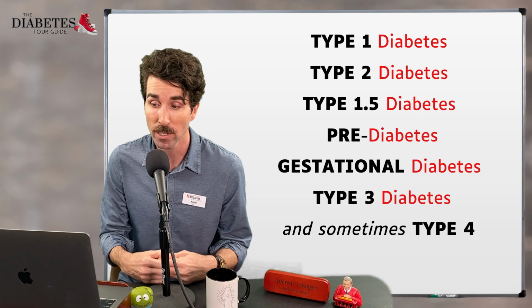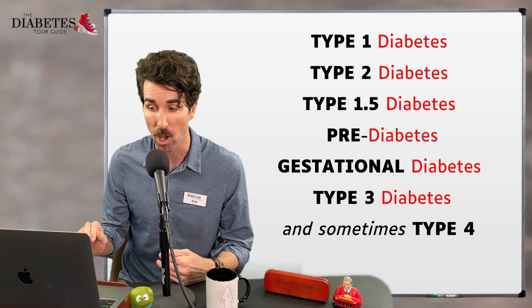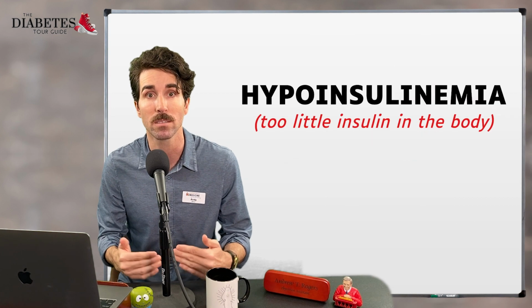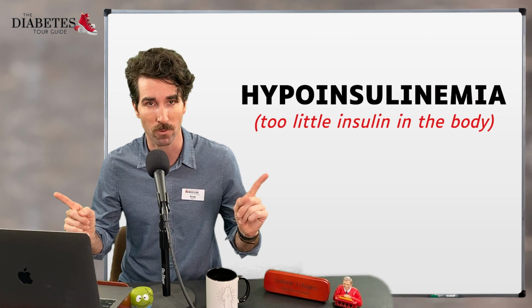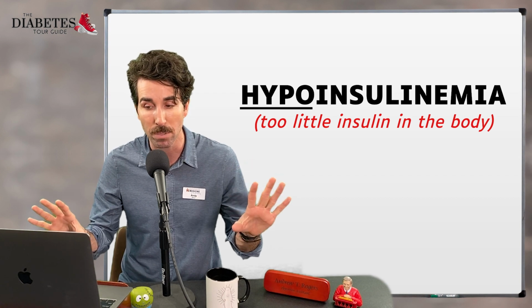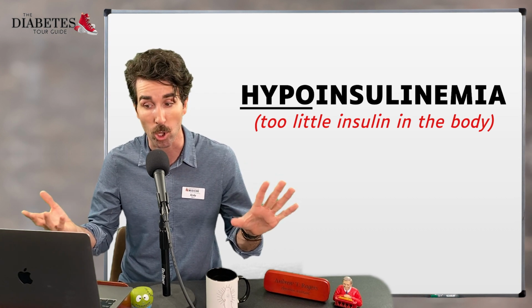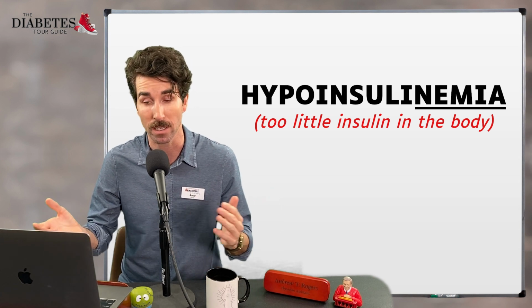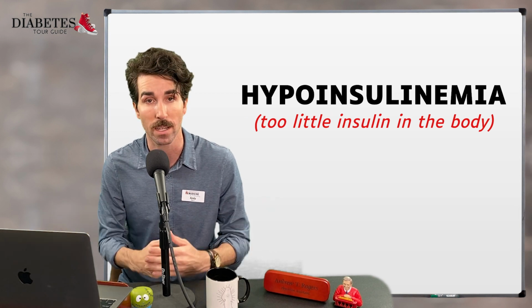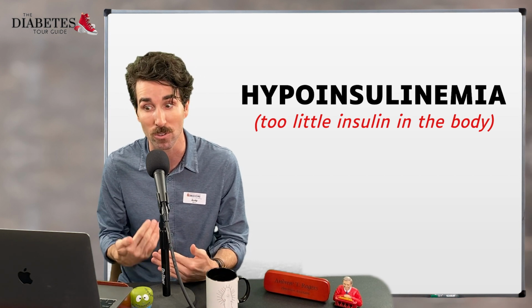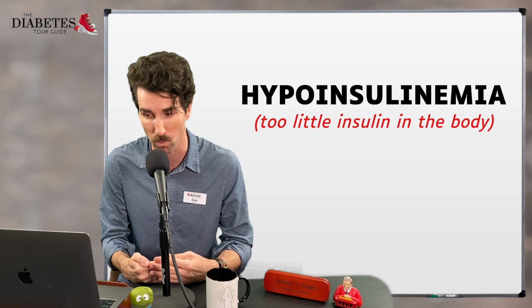So with too little insulin or no insulin at all in the body, this condition can also be called hypoinsulinemia. So these are important phrases to key because they spell themselves out. Hypo means little or no or low. Insulin is the hormone we're talking about. Emia means in the blood. You'll see in that diagram that we looked at that there was no insulin being secreted or sent into the bloodstream to work.